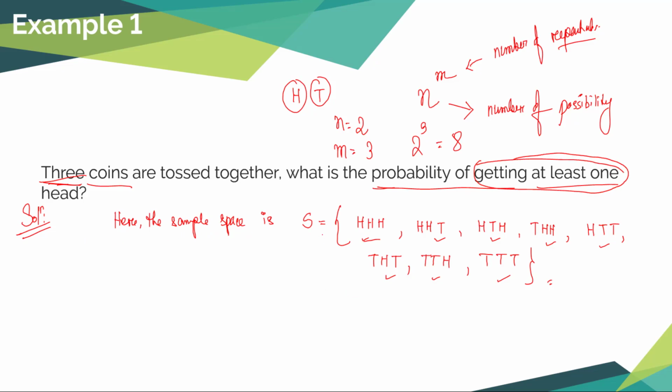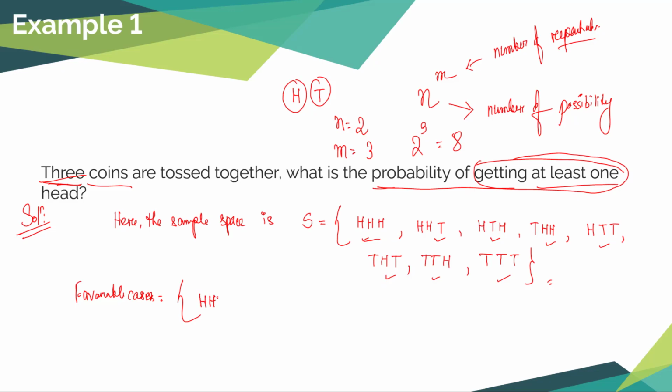So once you write down the sample space, the next thing is to write down the set of favorable cases. So you write down favorable cases is equal to, now what are the favorable cases? We need at least 1 head. Now when you get 3 heads, we are obviously getting at least 1 head, right?